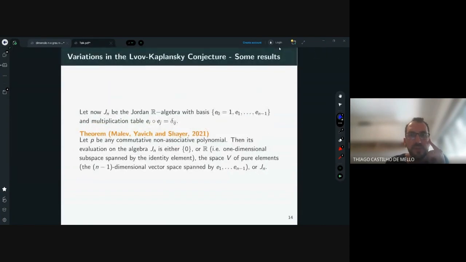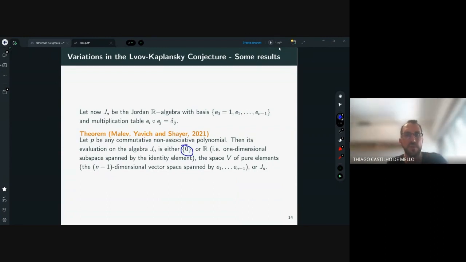Also, in the setting of Jordan algebras, they proved that for this algebra they call JN, that actually is the Jordan algebra of a bilinear form, which is also simple. They show that the image of a multilinear polynomial is also a vector space in a similar way as before.